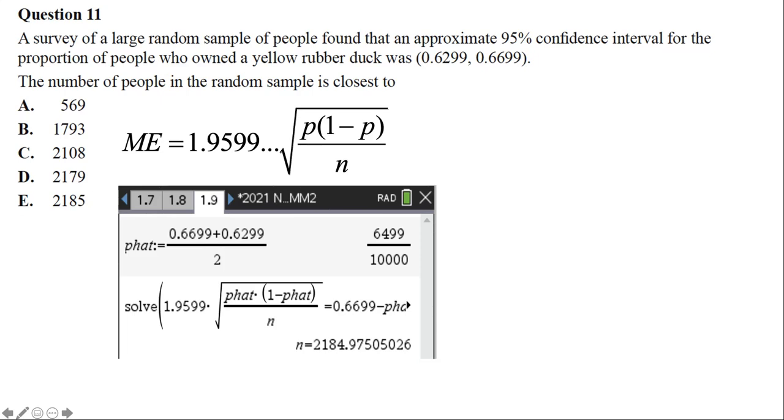This p hat represents the number here, and I solve for n, which means I will get n equals 2,184.975. Correct to the nearest integer, because we have to use a whole number to represent the number of trials. So it's 2,185.